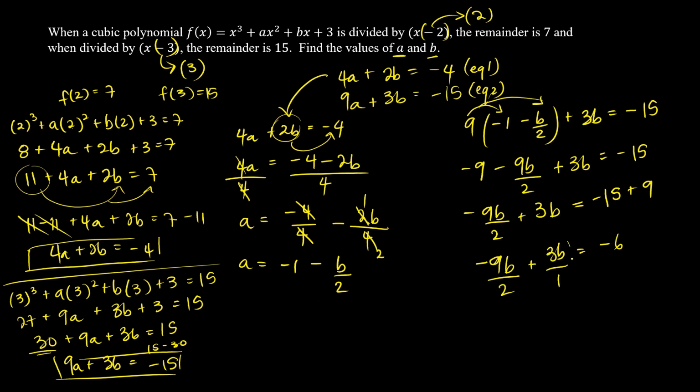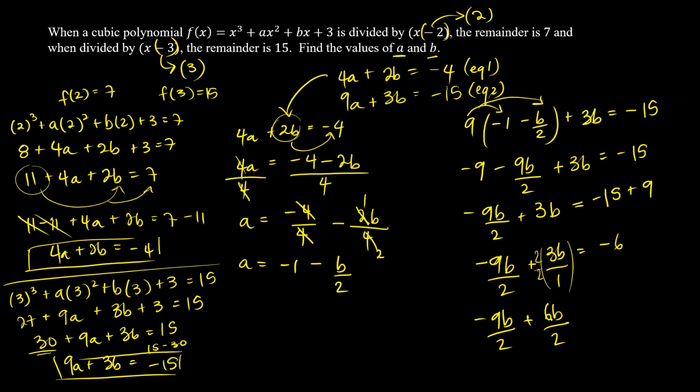Now, to make this easier, I'll multiply this entire fraction by 2 to make the denominator the same, right? So I want the whole thing to be equivalent. Let's say multiply by 2 over 2. So let's just write back this minus 9b over 2, plus 2 times 3b would be 6b over 2, because 2 over 1 is 2.